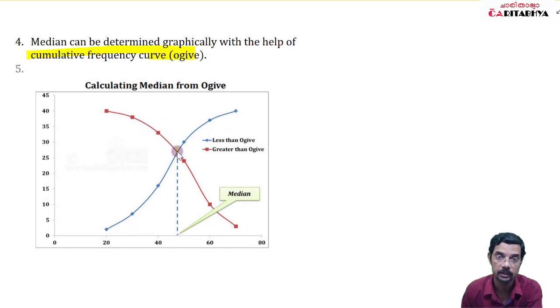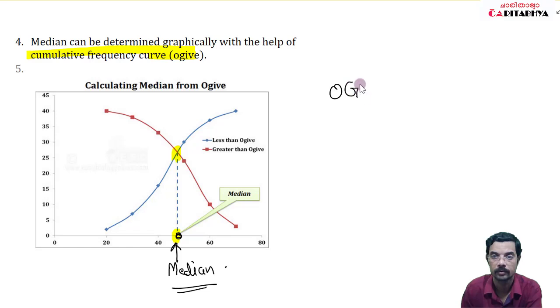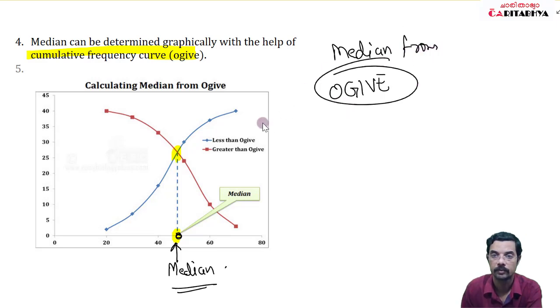If you draw a perpendicular from the point of intersection of those two curves, the point where it meets the axis will be called the median. So, median can be determined graphically with the help of ogive.